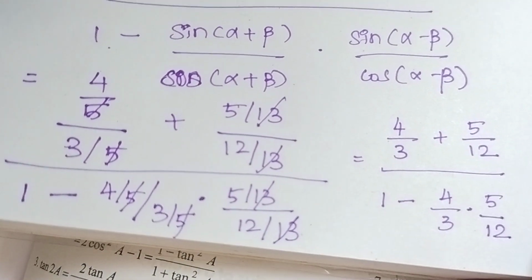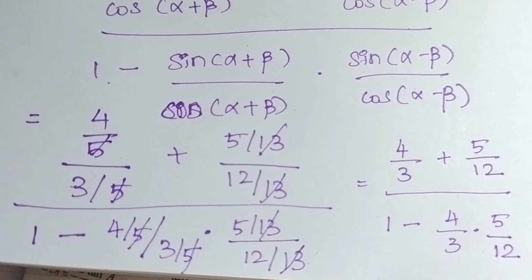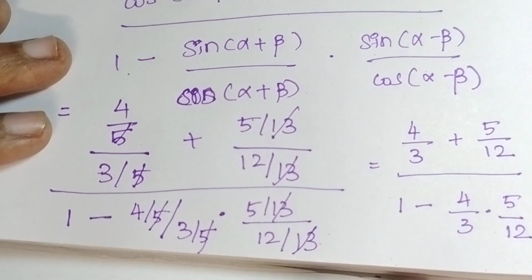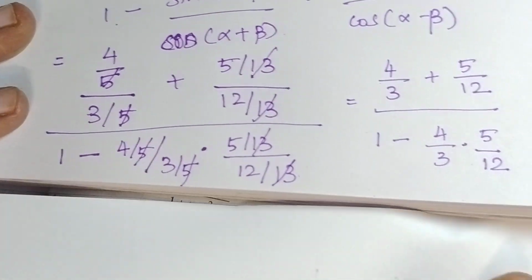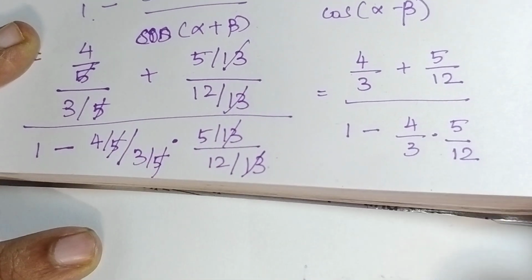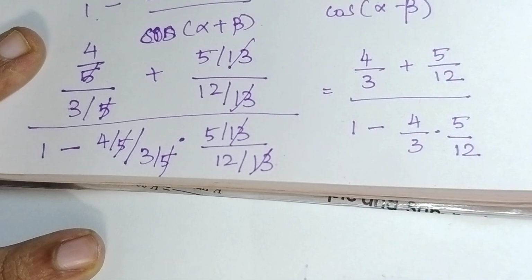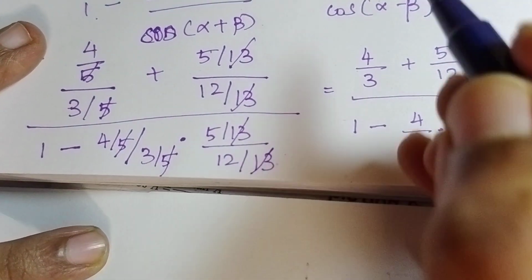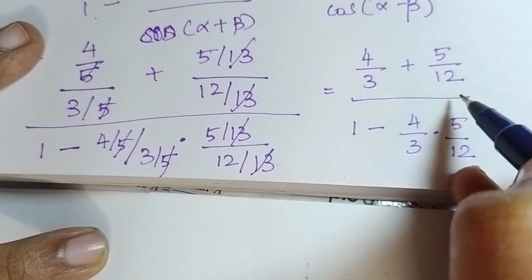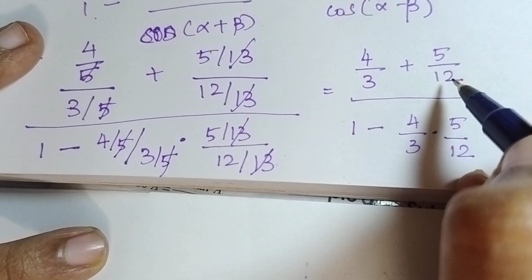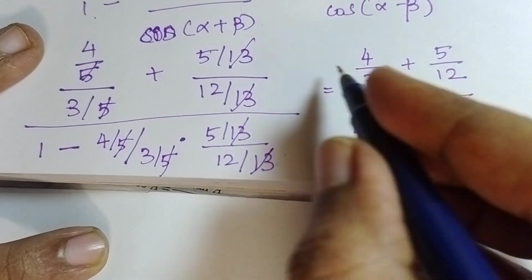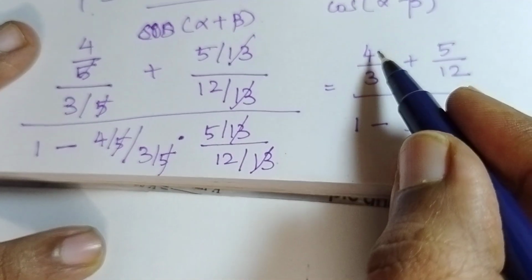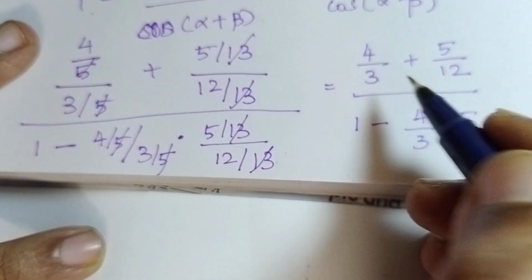Now what I am going to do is simplify this fraction term. If you see here 3 and 12, the LCM for these two is 12. So I am going to multiply this with 4 and 4.